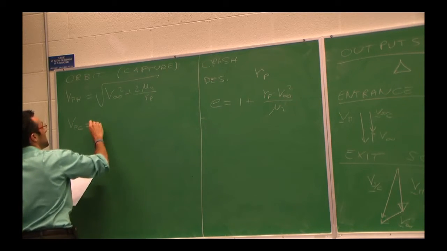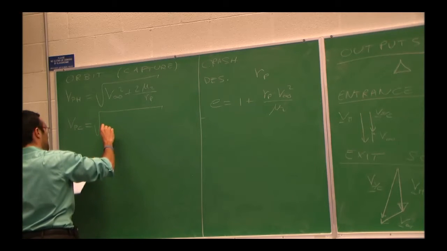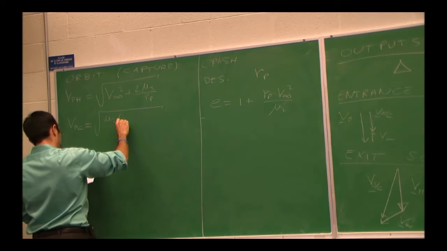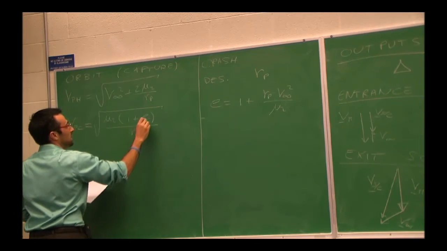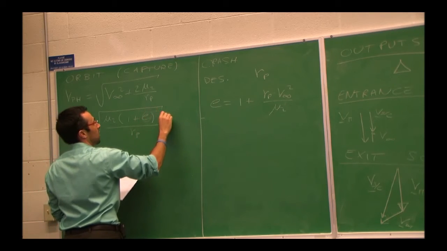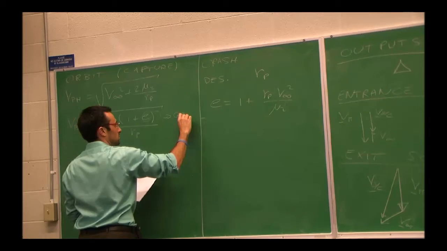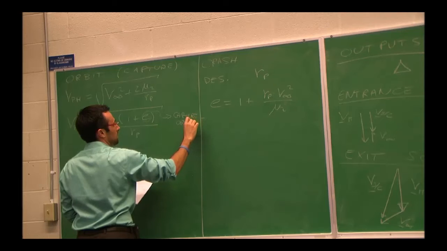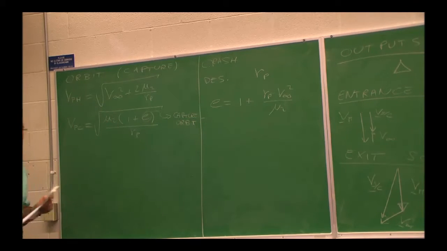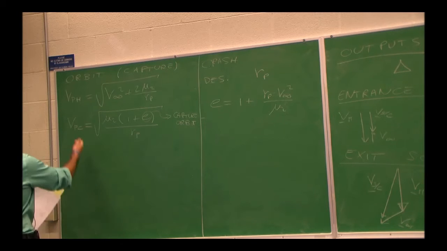If its eccentricity is e, this is what you will have, mu of the planet, 1 plus e over Rp. Now, this is the eccentricity of the capture orbit, not the one of the ellipse. C subscript for capture? Yes, PC.